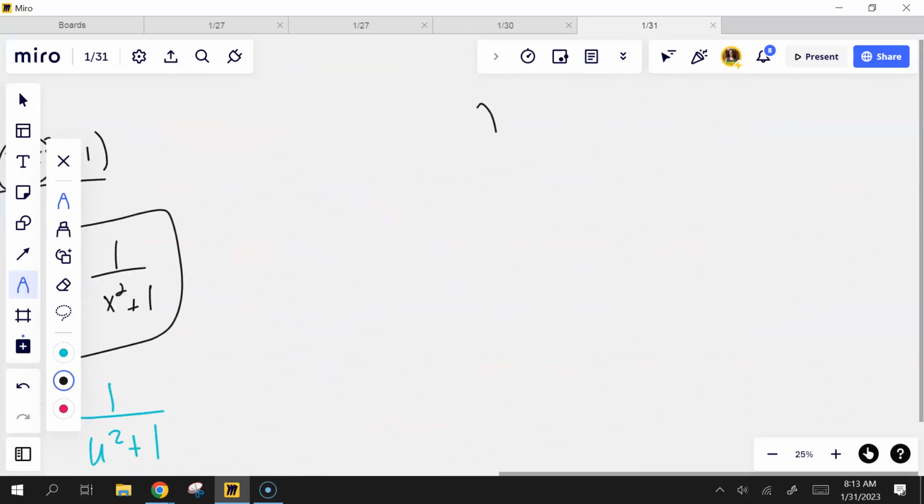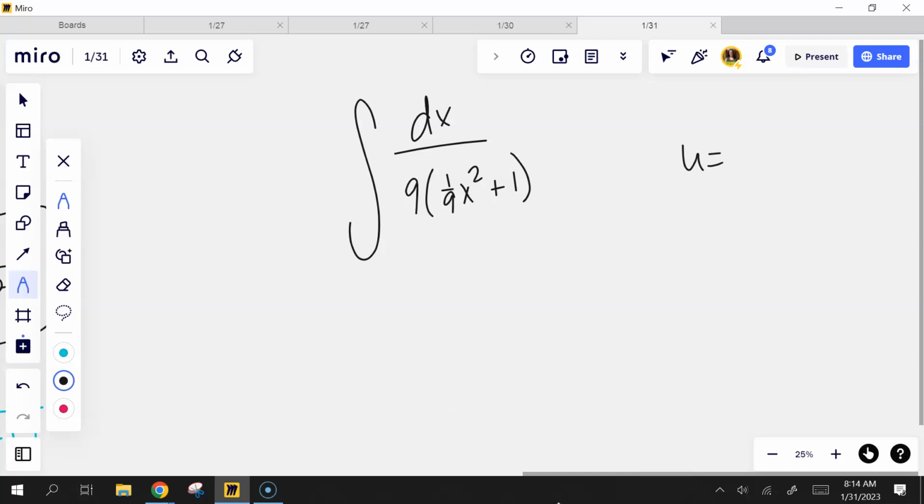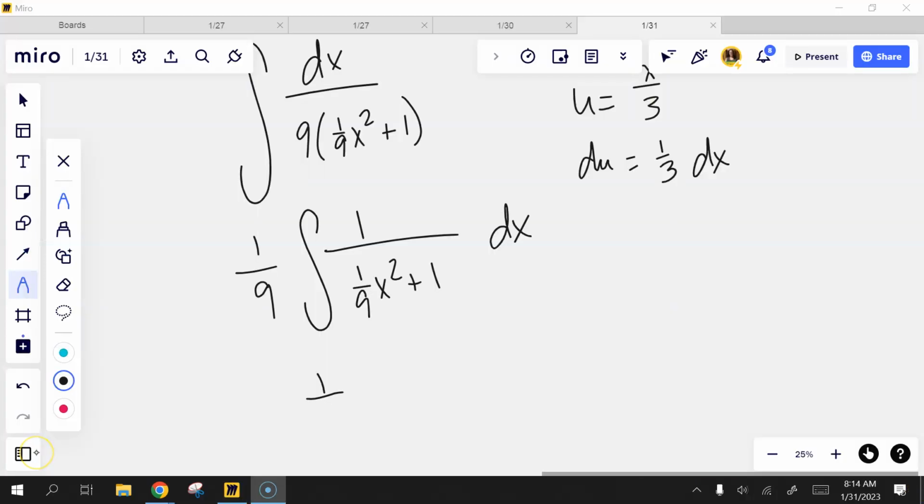Let's say this is the integral dx over 9 times 1/9 x squared plus 1. And u is x over 3. You could leave the 1/9 written here, or take it out front since it's a constant.